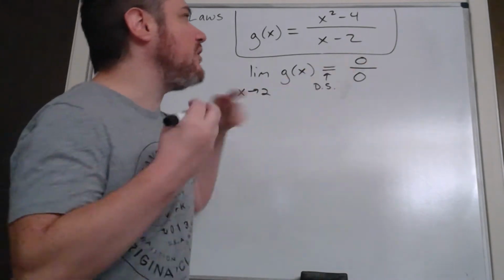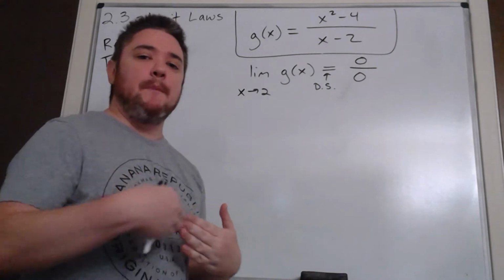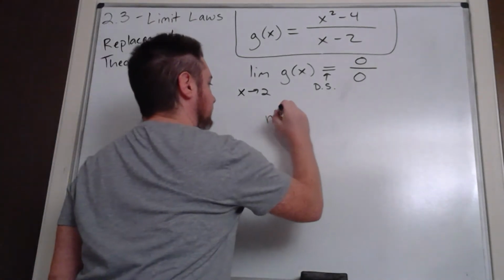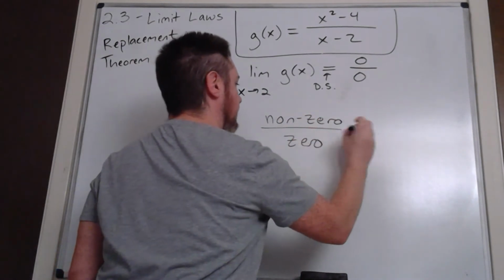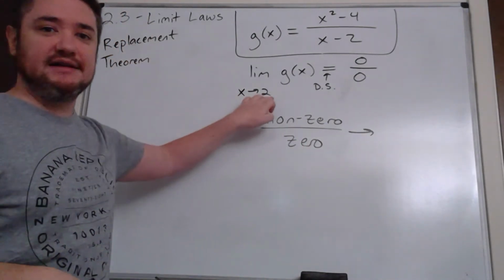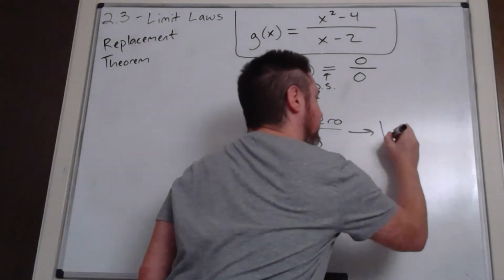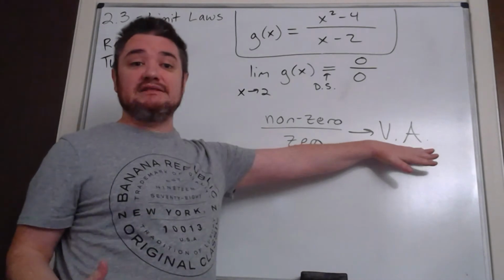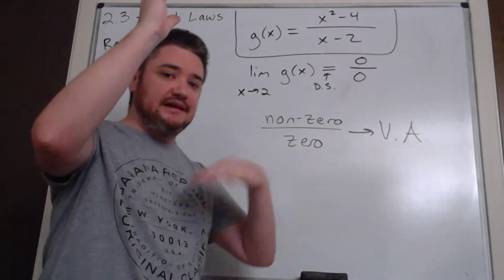So when we get 0 over 0, one thing we're going to see a lot is that's going to indicate that there might be a hole, okay? If we get a non-zero over 0, and that's again for a particular x value, so you let x go to some value and you end up evaluating it and you get non-zero over 0, that's pretty much always going to indicate that that graph has a vertical asymptote, which means it's blowing up either towards infinity or negative infinity.